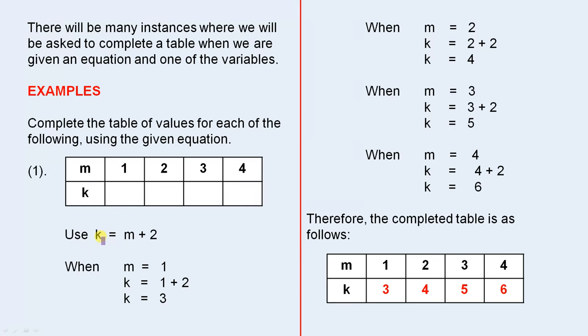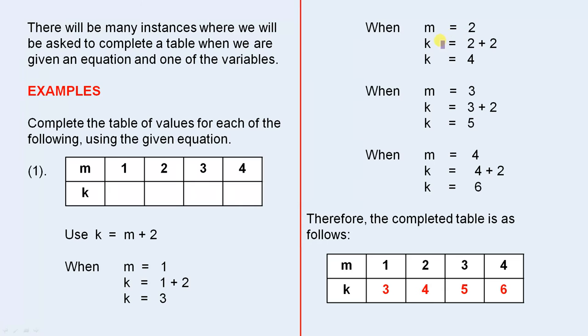So the equation we're given is k equals m plus 2. So when m equals 1, which is there, k equals 1 plus 2, because that's what the equation says. So in other words, k equals 3. So when m equals 1, k equals 3.